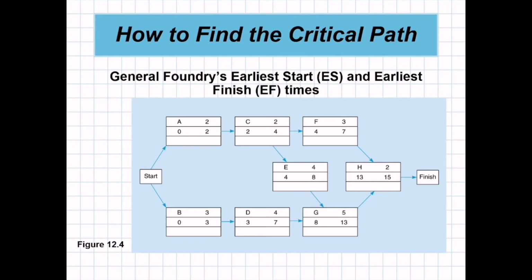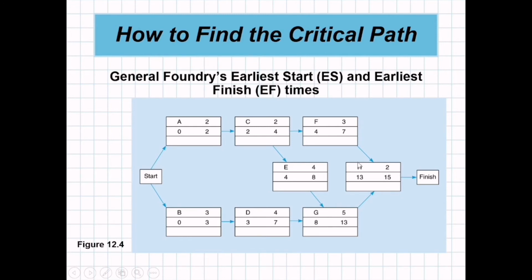As you can see, we have two predecessor activities for G, activity E and activity D. So we cannot say that our earliest start is 7, because E could take longer to finish, at 8 weeks, while our D is 7 weeks. The predecessors for G are E and D, meaning E and D must be finished before we can proceed to G. So the earliest finish to use here is 8. If we used 7, we would lose track of time, so we base it on E. The largest earliest finish is what we carry over to the next.